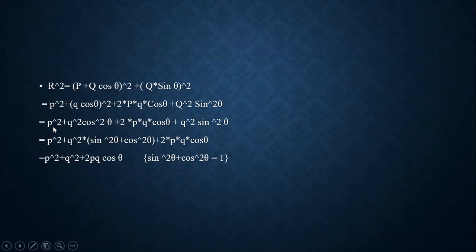Further we can elaborate the next step: P square plus Q square cos square theta plus 2PQ cos theta plus Q square sin square theta. Now bring the common term outside: P square plus Q square within bracket sin square theta plus cos square theta, plus 2PQ cos theta. We know that sin square theta plus cos square theta is equal to 1. So the final equation is P square plus Q square plus 2PQ cos theta.